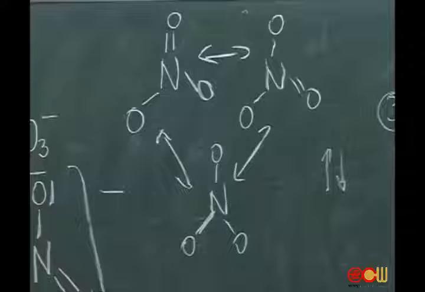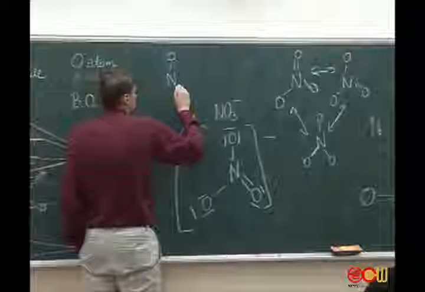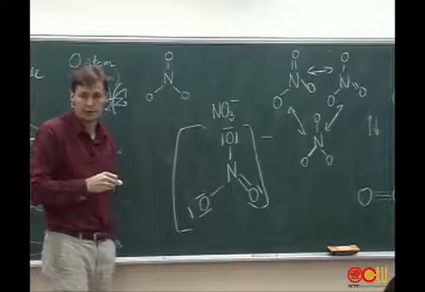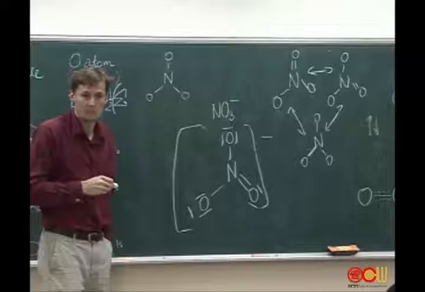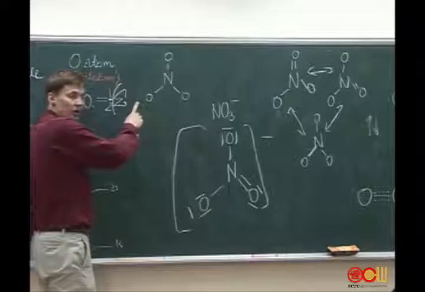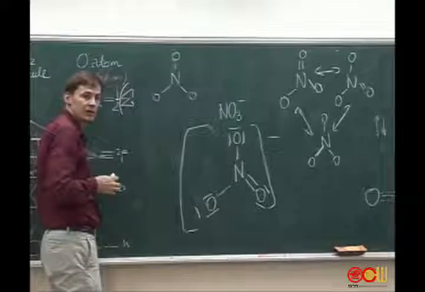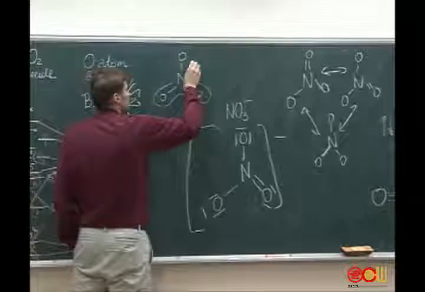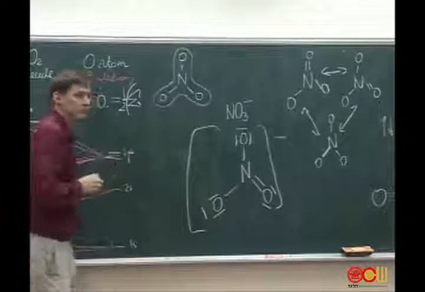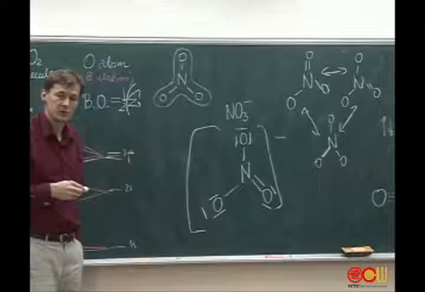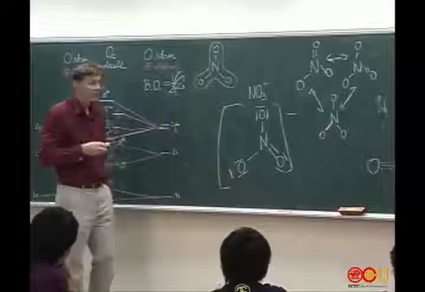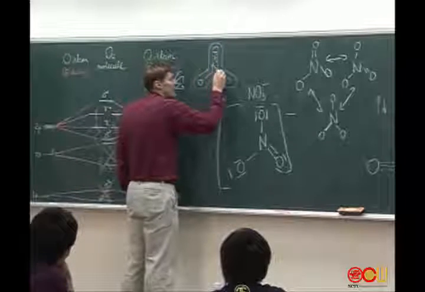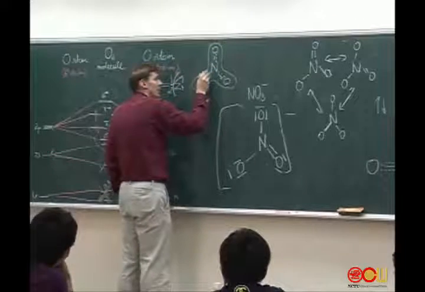N in the middle, O, O, O. This is a single bond. Now, this molecule has one pi bond, and the shape of the pi orbital looks like that. It includes all atoms. It means that this bond is 1/3 here, 1/3 here, and 1/3 here.